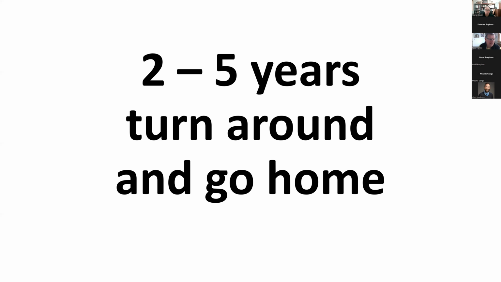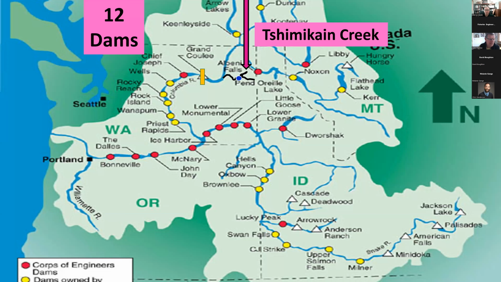But we first had to prove, not just to ourselves, but to everybody in the region, and this includes the federal government, that if given the opportunity, they will return. As you know, salmon come home to where they were born in a 2 to 5 year cycle. Well, for us inland in the Pacific Northwest, closer to Spokane, there's this creek called Sherman Creek.